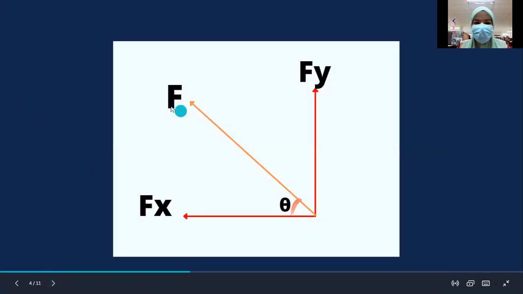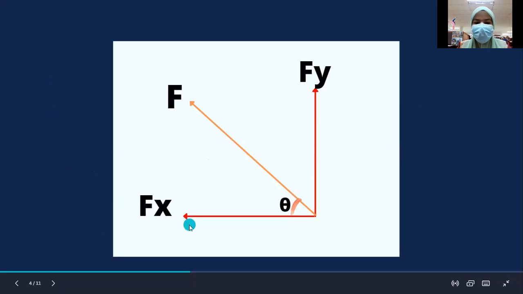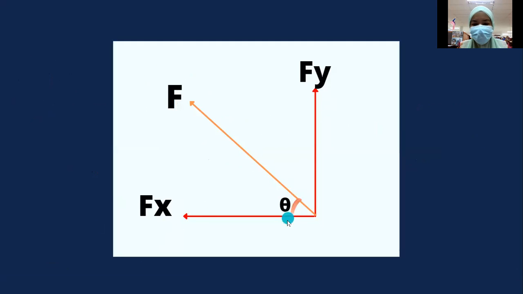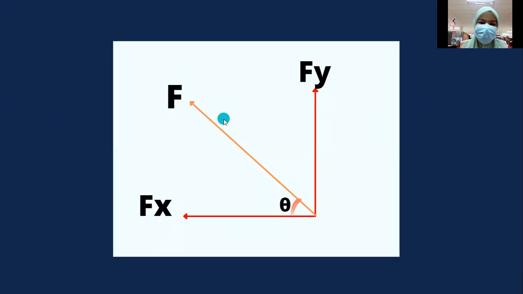Here are the forces acting when the man pulls the trolley full of boxes. It is your job to resolve the force into the y component and the x component, given the angle.